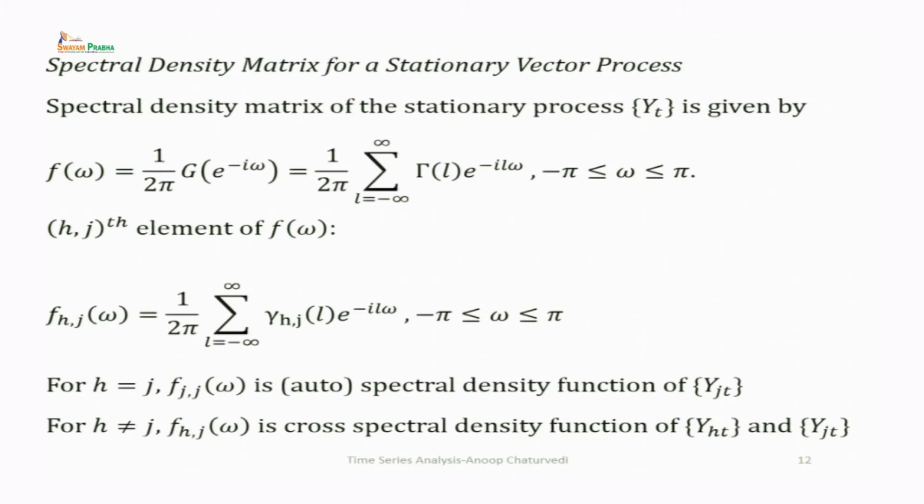Then for h equal to j, f_jj(omega) is the auto spectral density function for the time series y_jt, the jth time series of this vector process y_t. And for h not equal to j, f_hj(omega) is the cross spectral density function of y_ht and y_jt.